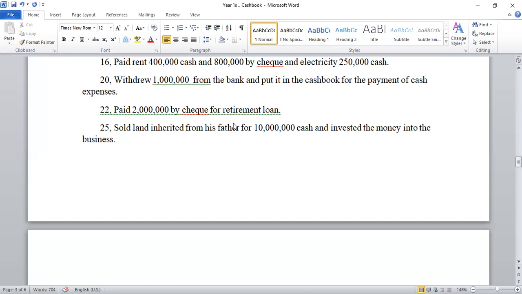Then for the other 3, revenues, sometimes called incomes, then liabilities and equity, those ones behave opposite: they have a normal credit balance, they increase with the credit entry, and they decrease with the debit entry.